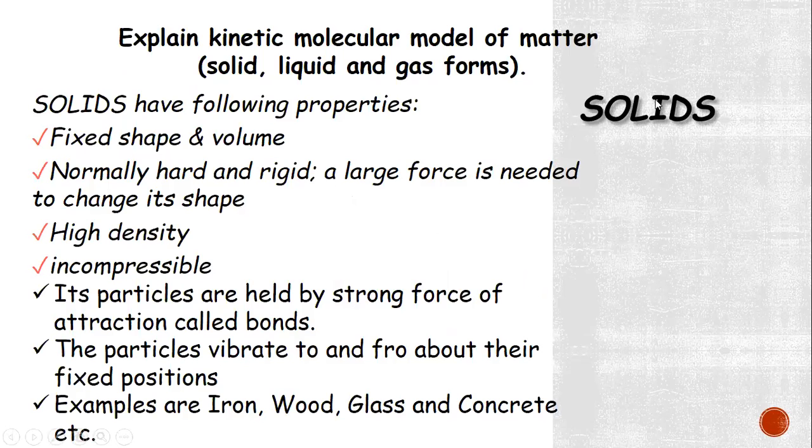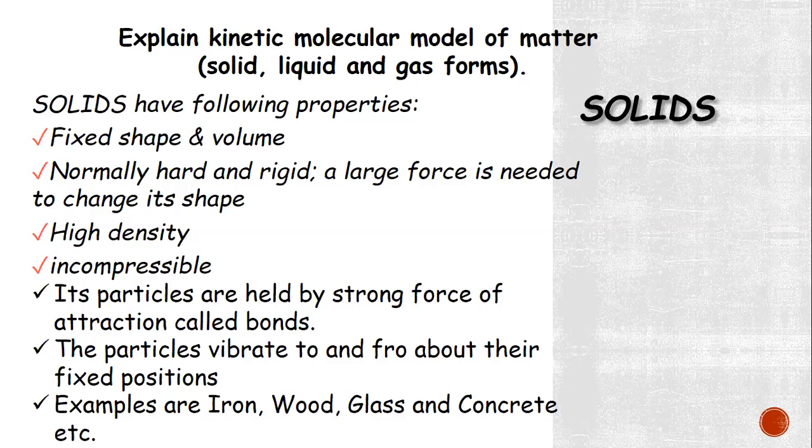We are going to read the points on solids. Solids have the following properties: they have a fixed shape and volume. They are normally hard and rigid; a large force is needed to change their shape. They have high densities because they are very tightly packed. They are incompressible because their structure is such that they are very tightly packed, so they cannot be compressed.